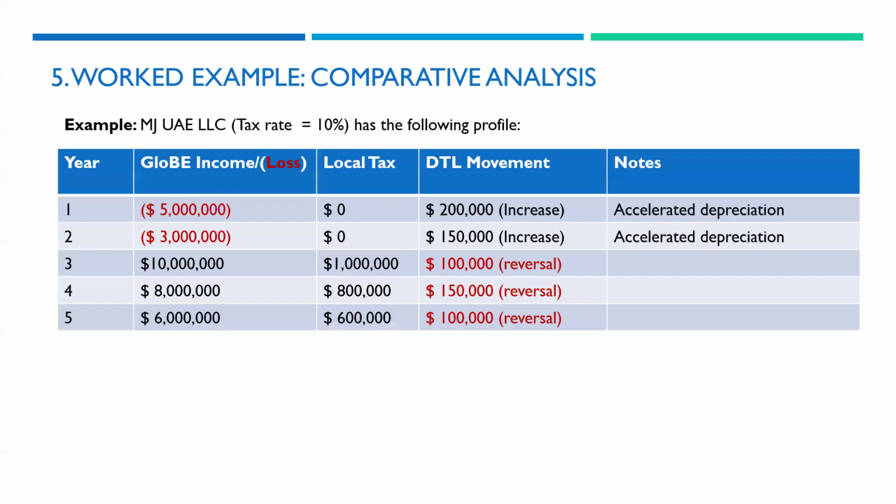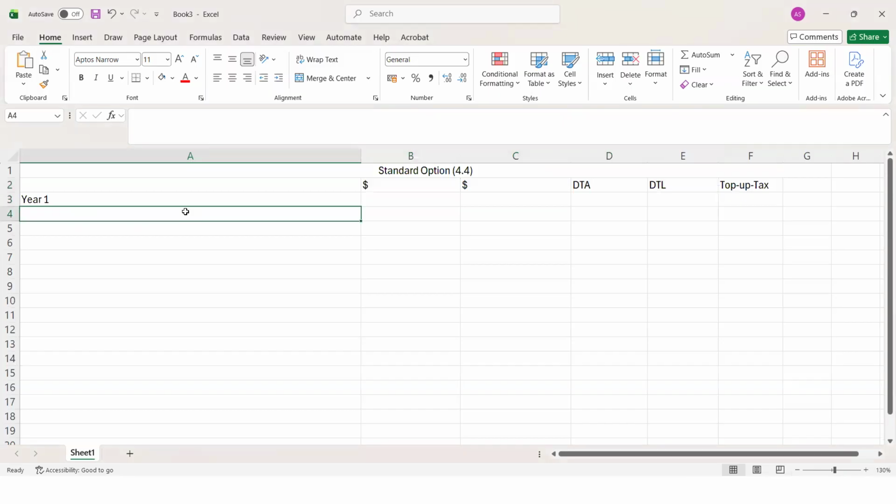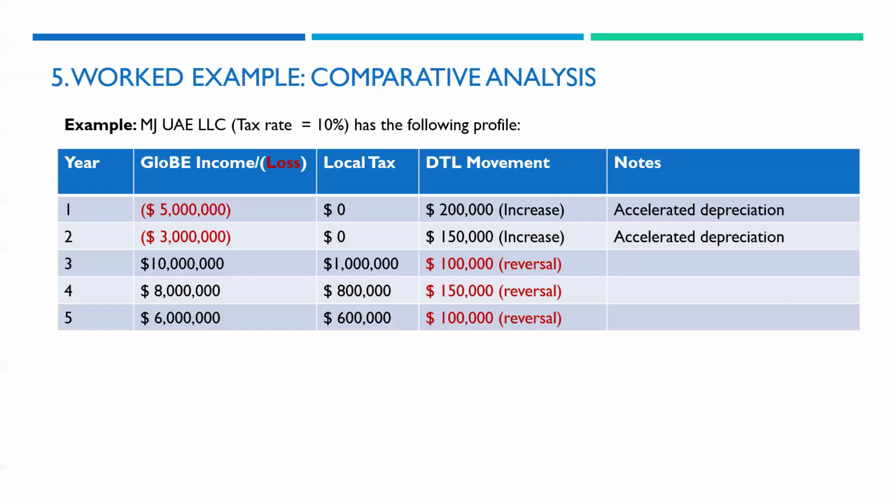Okay. So what is happening in year one? I have a globe loss, right? I have a globe loss. So would I have a DTA? I have a globe loss. Would I have a DTA?